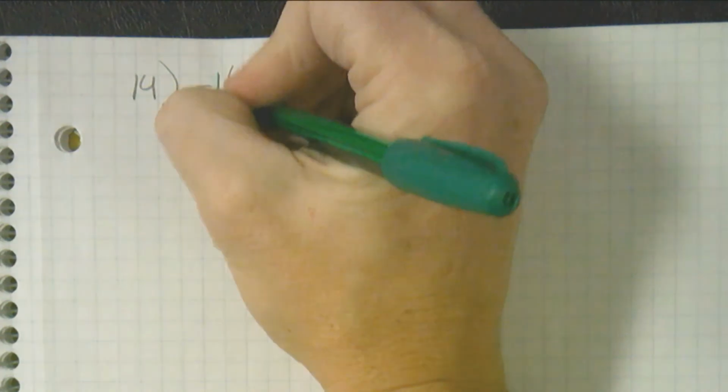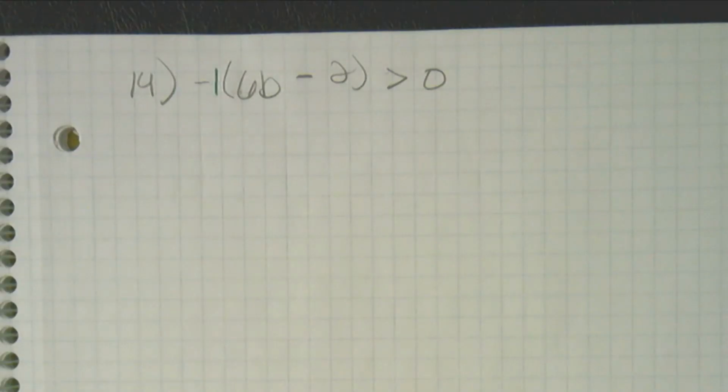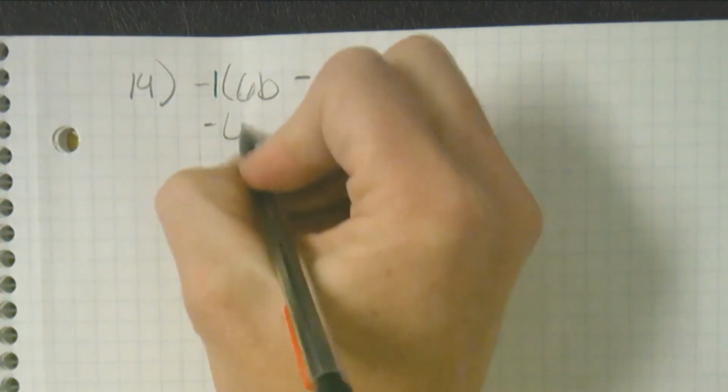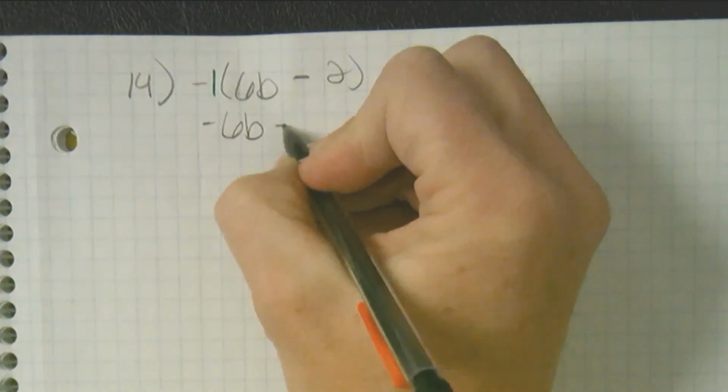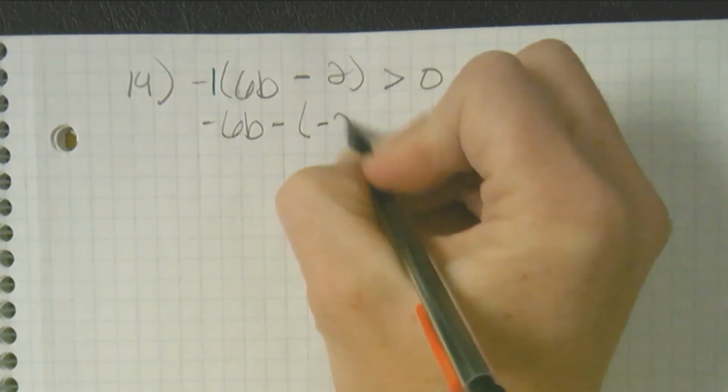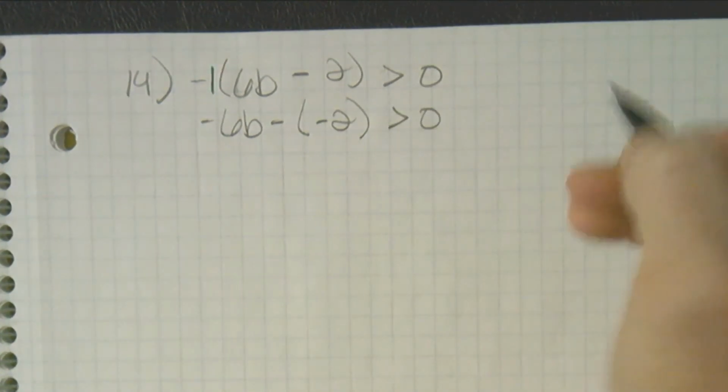Excellent. That negative means I have negative 1 times everything in those parentheses. So by all means, throw that negative 1 in there. When there's just a negative by itself multiplied by something, that means it's negative 1. So you're right, I have negative 1 times 6b, which is negative 6b, minus negative 1 times 2, which is negative 2, is greater than 0.